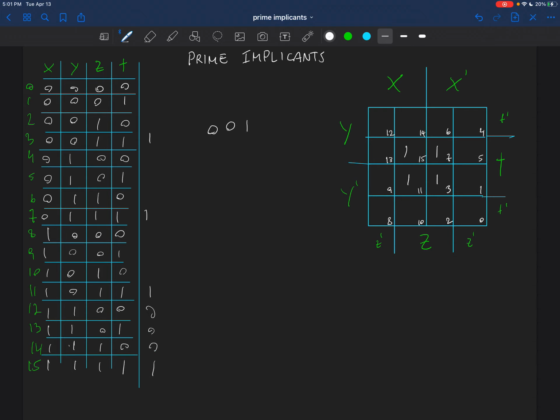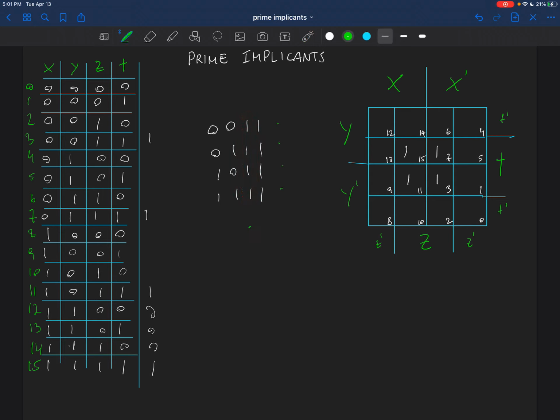So let's look at what those binaries look like. You have the 11 and the 15. Okay, so those are our 4 terms. Now, of note is, look, it's a column of 1s and a column of 1s.